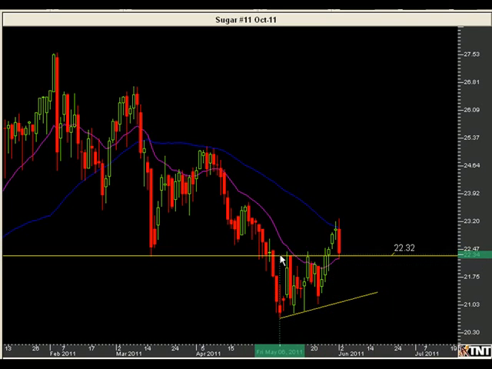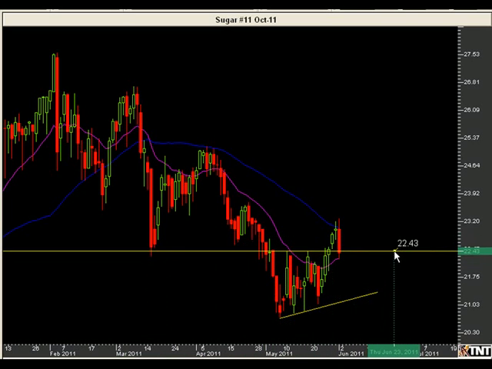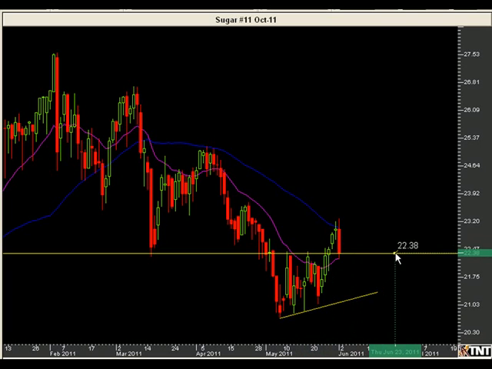Now notice that we have also broken the resistance. The resistance that was here at the 2240 support, and the resistance at the highs here, which were also around 2240. And now we have the market coming back down and testing it as support.